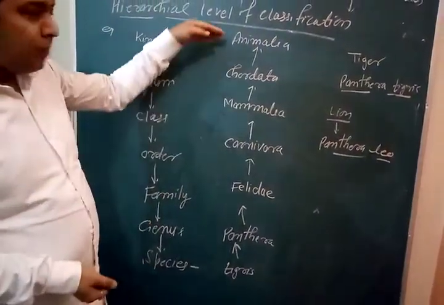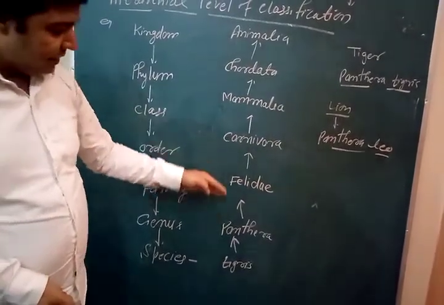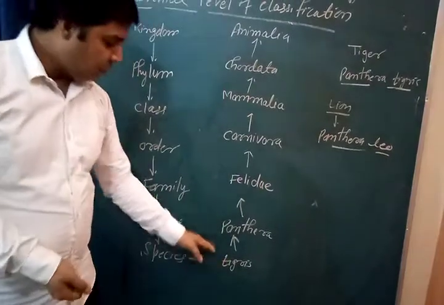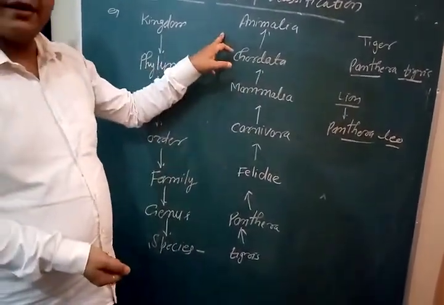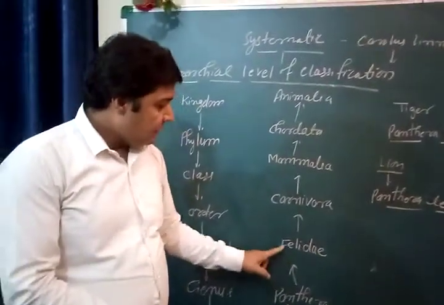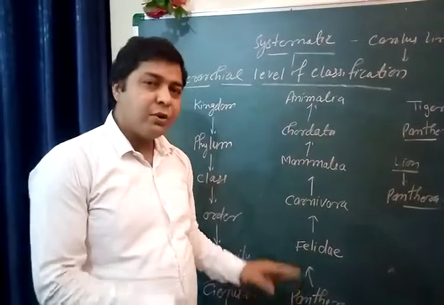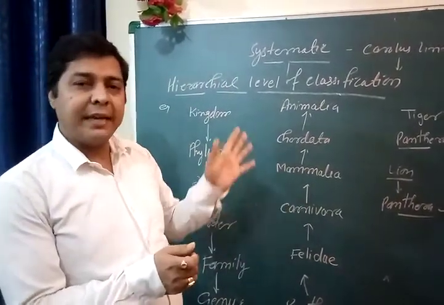Clear? You can also move from Animalia, Chordata, Mammalia, Carnivora, Felidae, Panthera, and Tigris. This is the increasing level of hierarchy. So Tigris, Panthera, Felidae, Carnivora, these are the steps of taxon. We are moving through the different taxon or taxa.